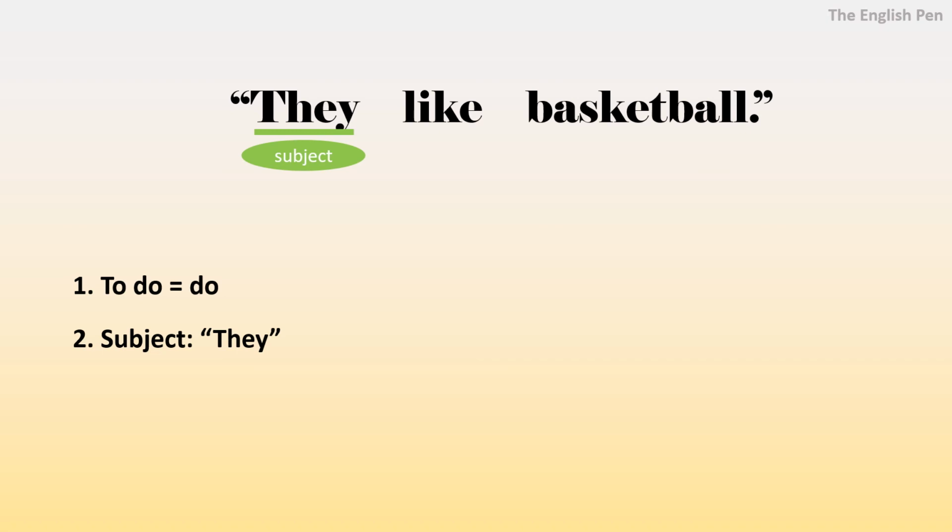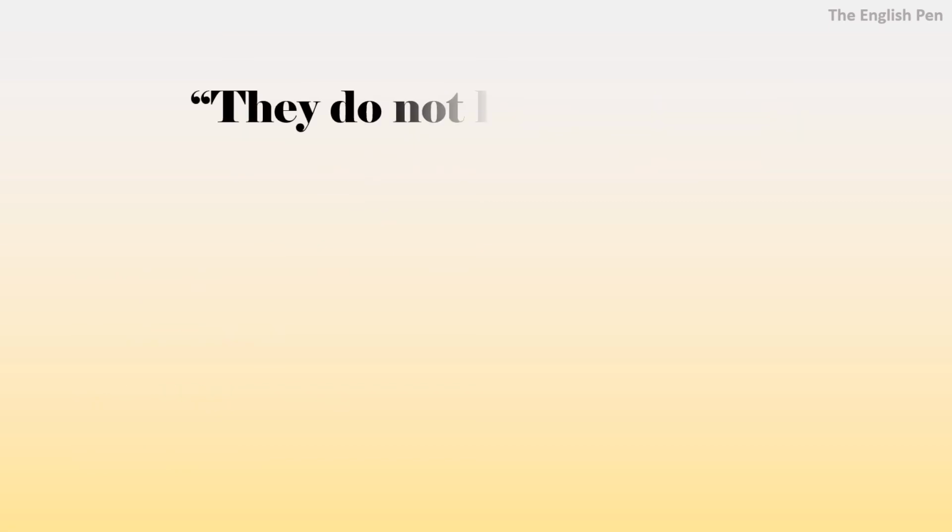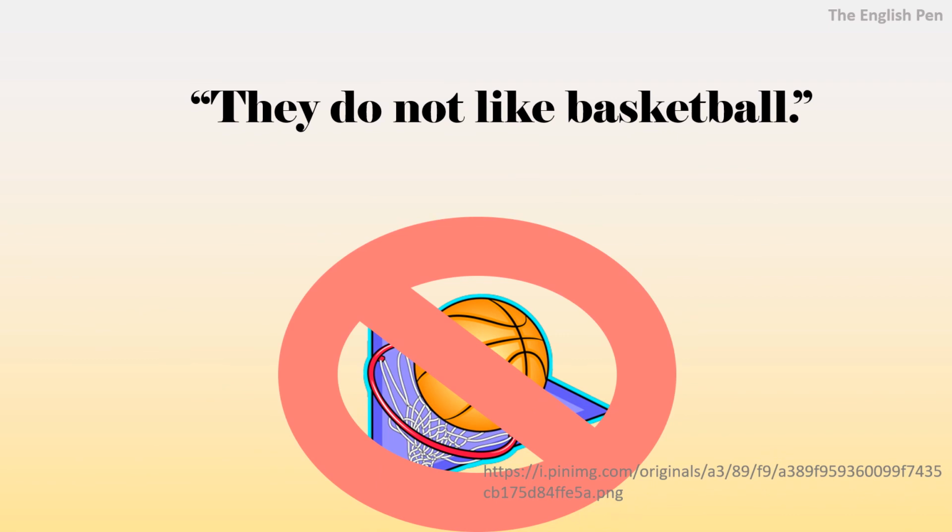The subject is they, so do stays as do. Then, identify the main verb in the sentence. Like is the main verb. Put do before the main verb, then put not after do. This leaves us with: they do not like basketball.